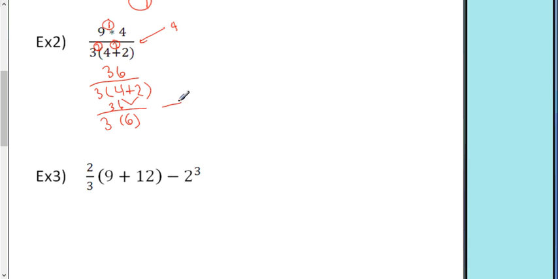I'm going to do this one over here, if you don't mind. 36 over 3 times 6, because that's the third thing I'm going to do, is 3 times 6, which is 18. So I did step 1, I did the top, I did the parentheses, I did the multiplication. Don't forget the fourth step, which is divide. And 36 divided by 18 is 2. Done. Not hard at all.